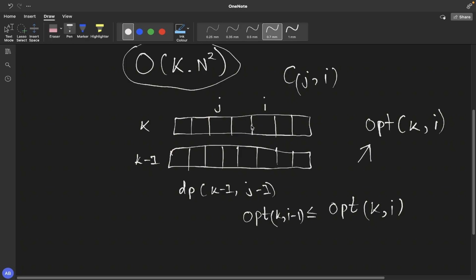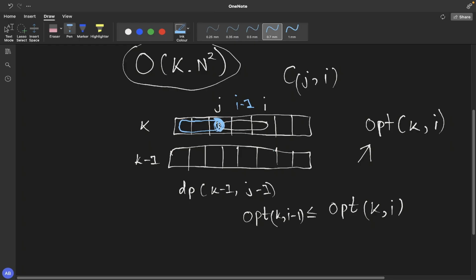This essentially means that suppose we made this division and we found that opt k of i was this j, then it means that for i minus 1, which is basically this, opt k of i minus 1 has to be smaller than or equal to this. It cannot be greater than it. It's just a property because of our cost function in this problem. And I'll be explaining more of that in a bit.